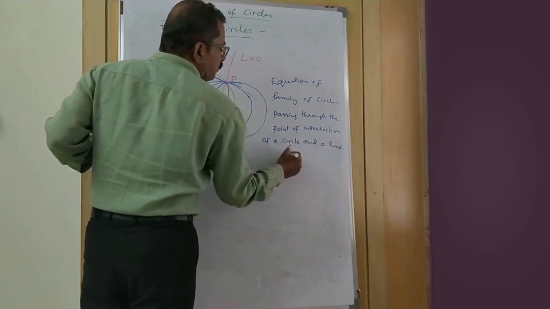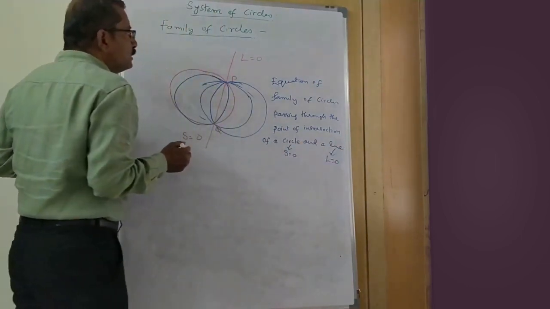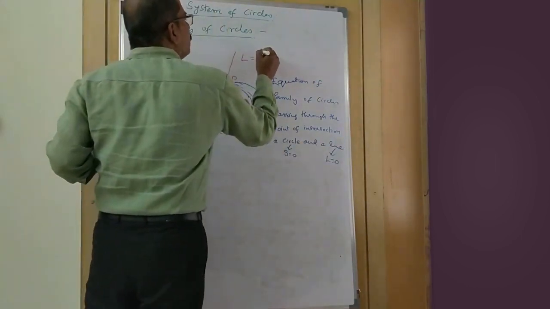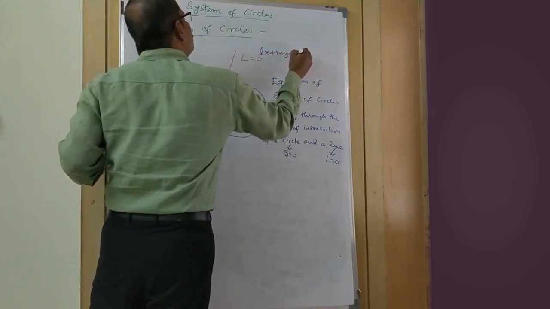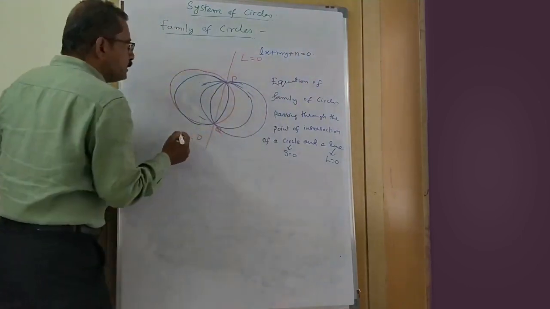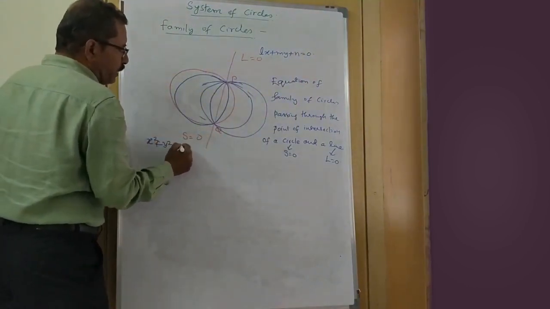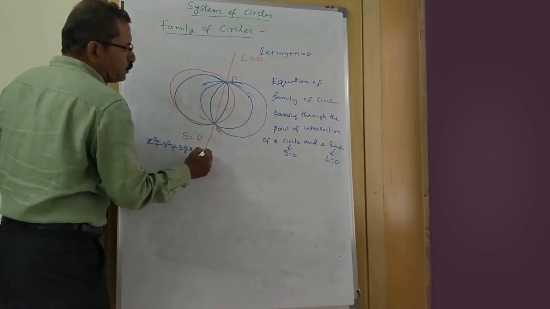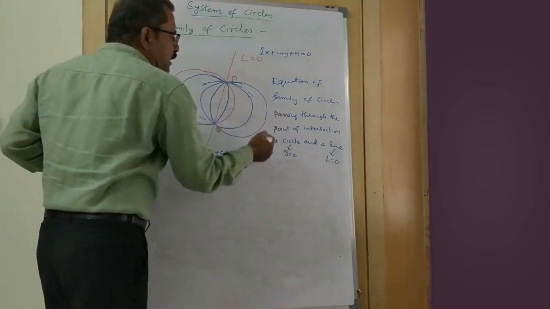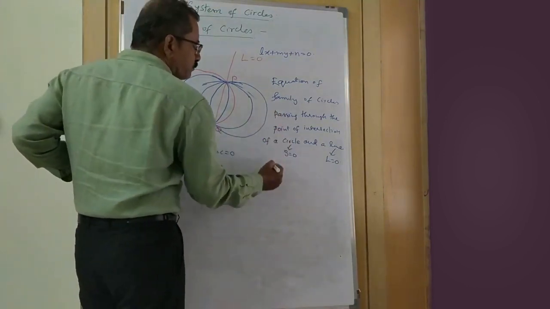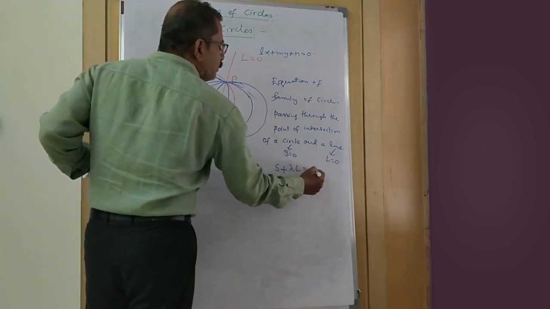The circle is S is equal to 0 and the line is L is equal to 0. Say this L is equal to 0 is Lx plus My plus N is equal to 0. This is my L. And S is equal to 0 is x square plus y square plus 2gx plus 2fy plus c is equal to 0. Then this equation is S plus lambda into L is equal to 0.